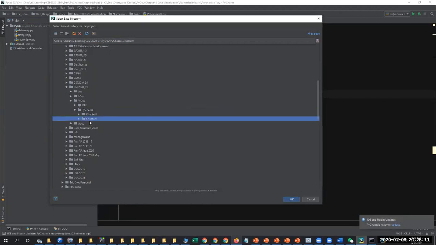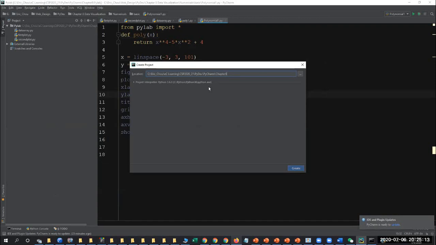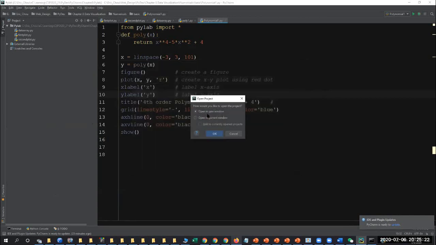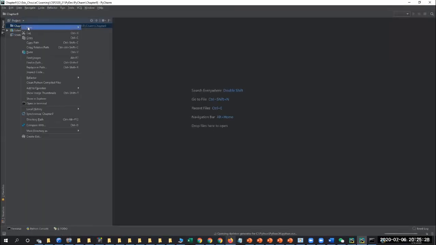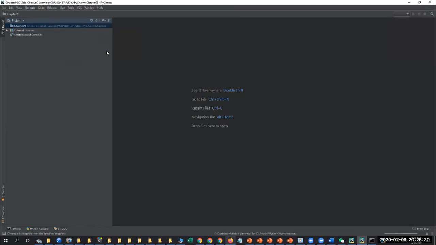I did not create a project. Over here, I have chapter 9. Make sure that you are using the existing interpreter; don't use a new one. Then create, and open new window, yes. Here, let's try a new Python file. I'm going to try Washington.